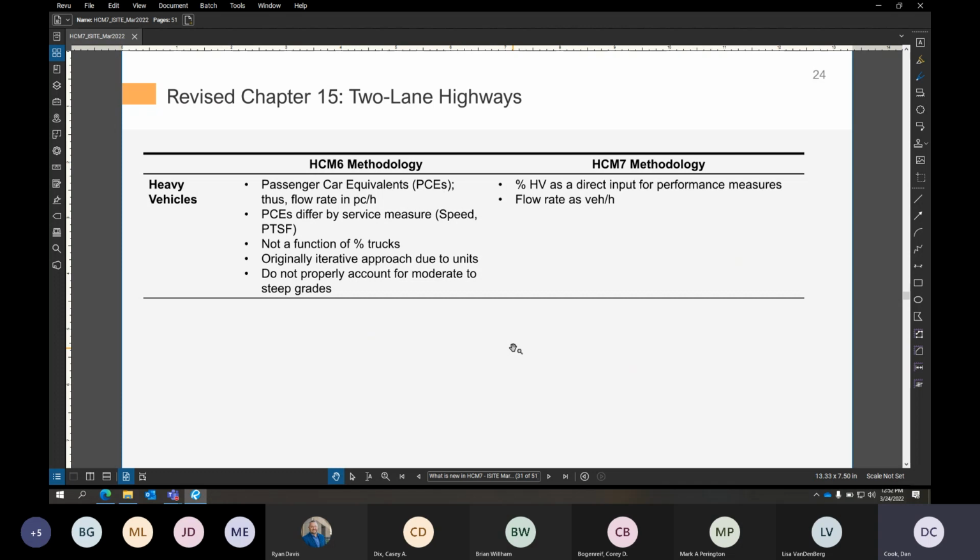So if you have a lot of heavy trucks, that tends to degrade the performance of a facility. Before HCM6, heavy vehicles were incorporated into the methodology using passenger car equivalents, so it was more of an indirect way of incorporating percent trucks. But now in the new methodology, percent heavy vehicles is a direct input into the performance measures.